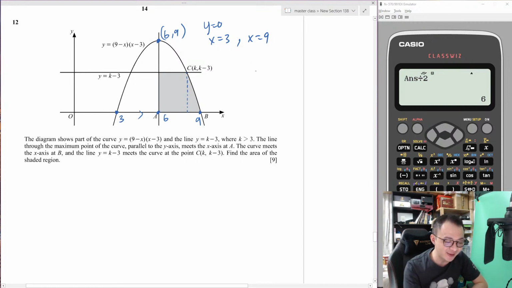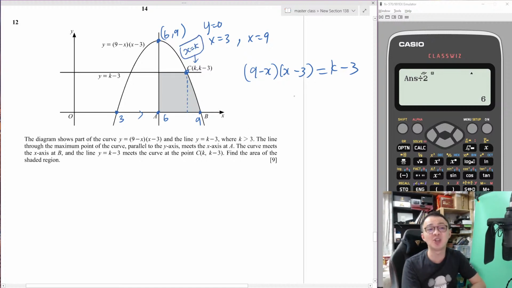Okay, so basically now it is 9 minus x and x minus 3 equals k minus 3. But because right now we are finding C, we know both of them also have the x value equal to k. So I can substitute k into my x value here.